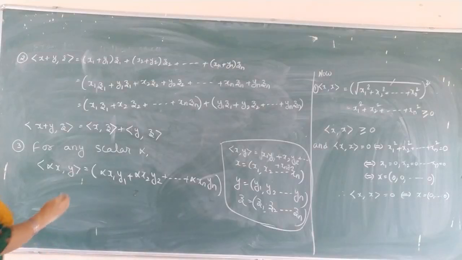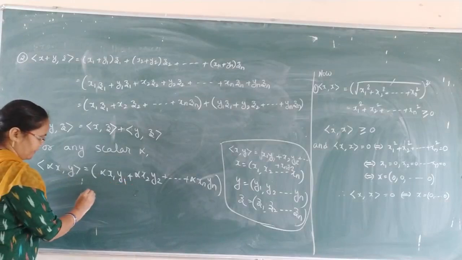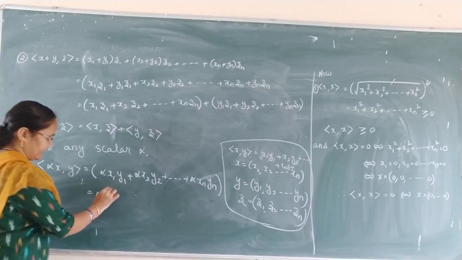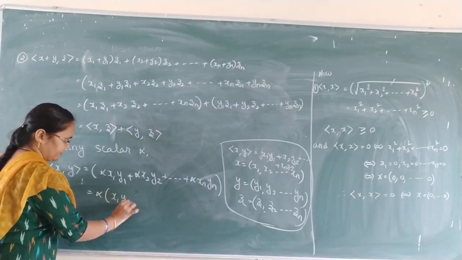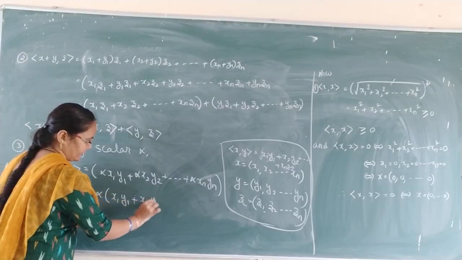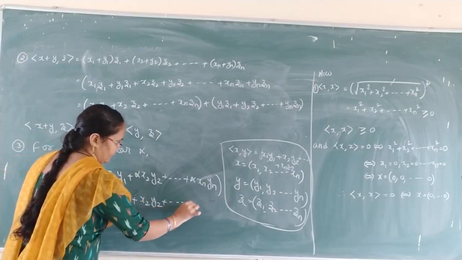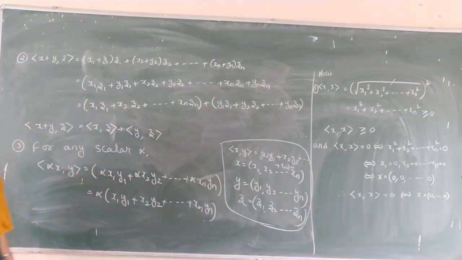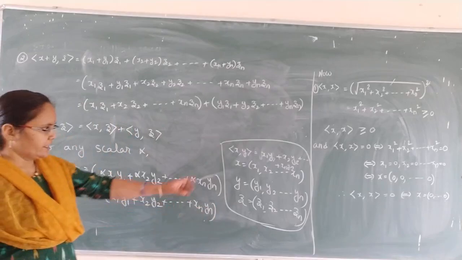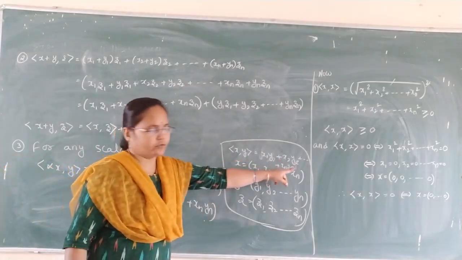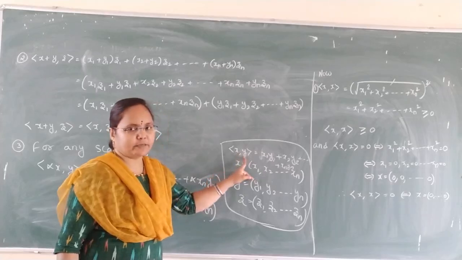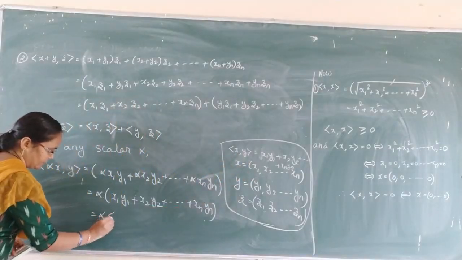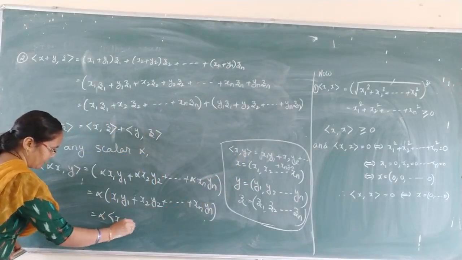Now in all the terms alpha is common, so we take it common and write the remaining terms: x1 y1 plus x2 y2, so on, plus xn yn. Okay. Now again observe this one, x1 y1 plus x2 y2, the entire thing is nothing but the inner product of x comma y. So alpha into the inner product of x comma y.